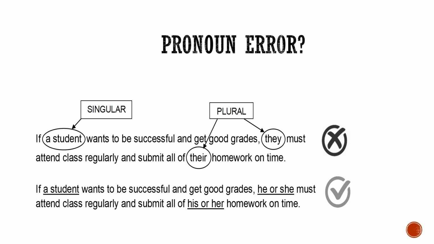So you could write this sentence in a different way by saying, if students want to be successful and get good grades, they must attend class regularly and submit all of their work on time. So do you see there, we simply changed a student to students and we made it a plural.